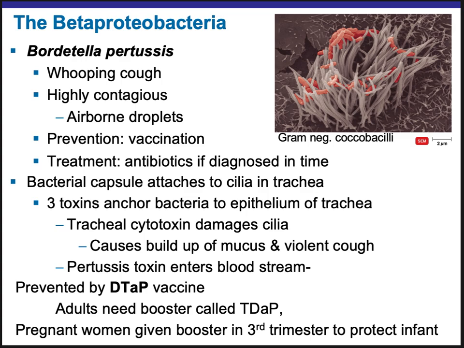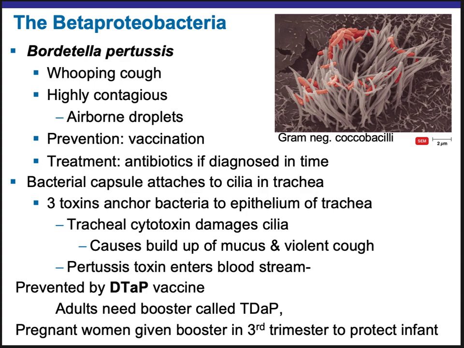The adenylate cyclase toxin also plays a role in infection. It blocks phagocytes from getting to the infection, and it can also induce apoptosis in those phagocytes. So they commit what we call cell death, cell suicide.